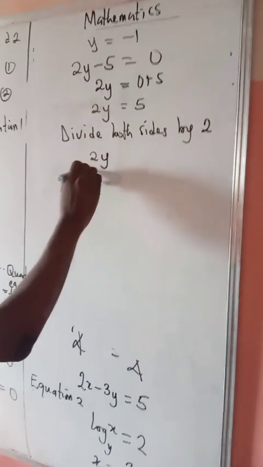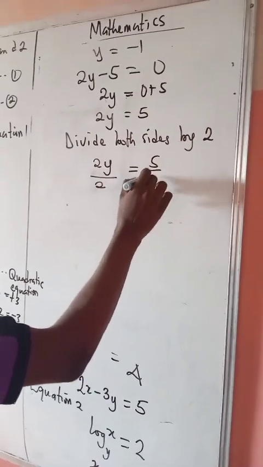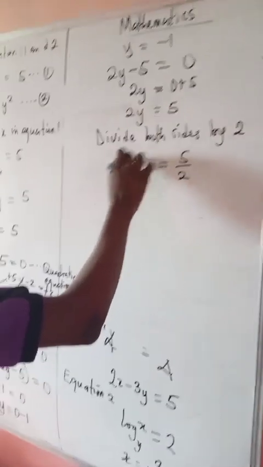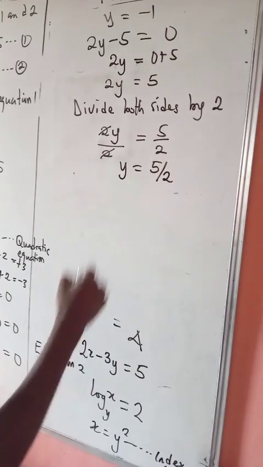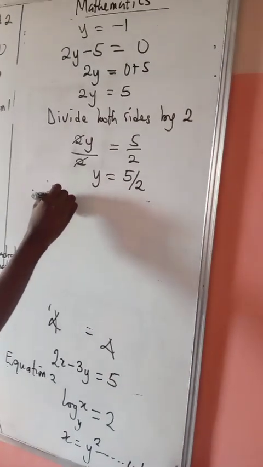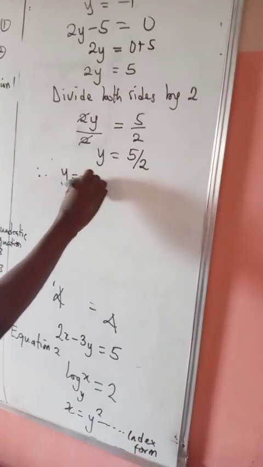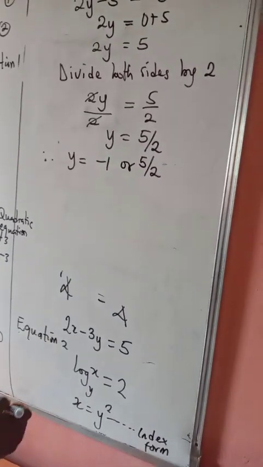So we have 2y divided by 2 is equal to 5 divided by 2. 2 cancels 2, then we have y is equal to 5 over 2. We have two values for y. So therefore, y is equal to negative 1 or 5 over 2.